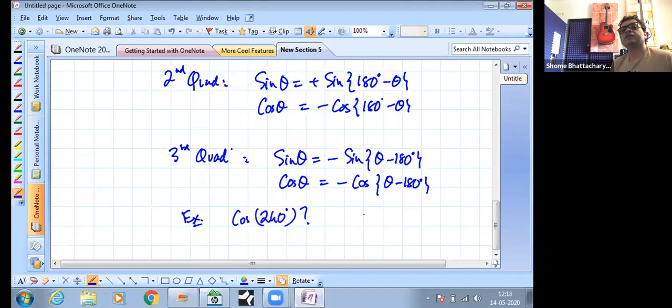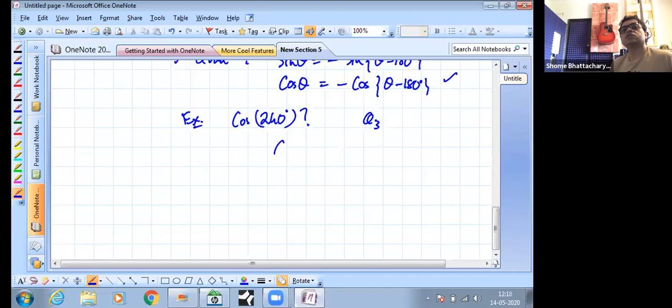So that we recognize as quadrant 3. So we use this formula here. And according to this formula, cos 240 becomes minus of cos theta, that is 240 minus 180, so that becomes minus cos 60, which is minus half.